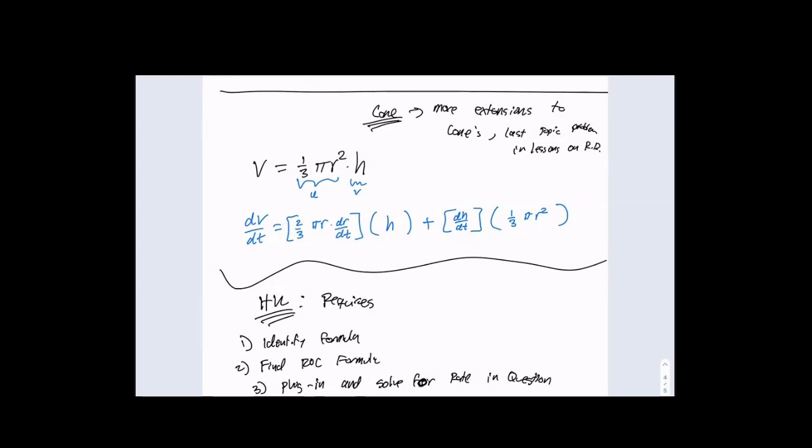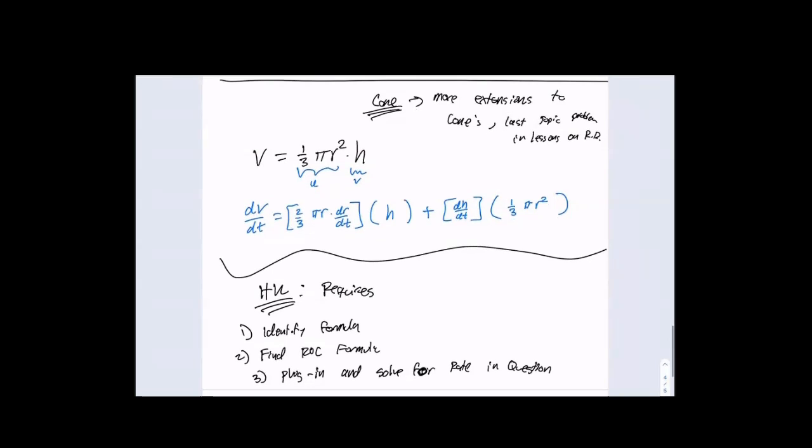The other thing about the homework that can be a little bit confusing is that a homework problem typically has a stem question. So question 1 has parts A and B. The information in the stem of the question will say things like the radius is 5 and the height is 6. Then question A says the radius is increasing by this much and the height is increasing by that much.